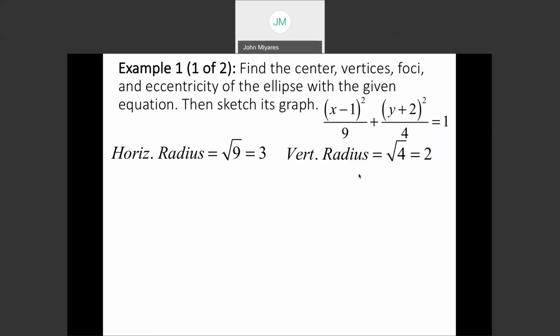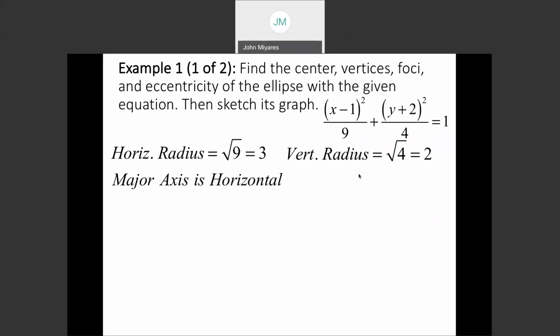The vertical radius will be the square root of the denominator of the y terms, which is the square root of 4, or 2. Since the horizontal radius is larger than the vertical radius, then the major axis will be horizontal, which means our vertices are going to be 3 units to the left and right of center, and our focal points, after we calculate a value for c, will be c units left or right of center.